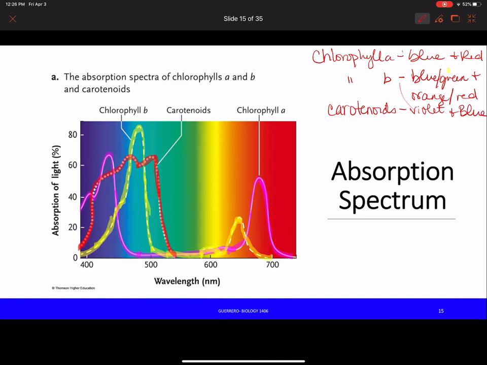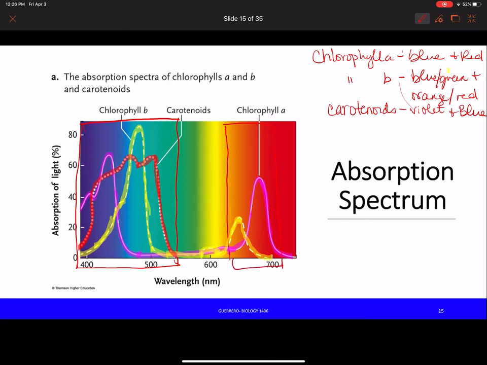Okay, so by having all of these different places that these pigments absorb, your plant is effectively getting a lot of energy in this area of the spectrum. And then it's getting energy again in this area of the spectrum.